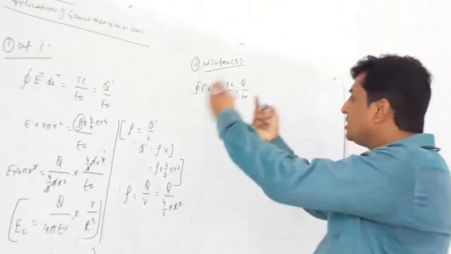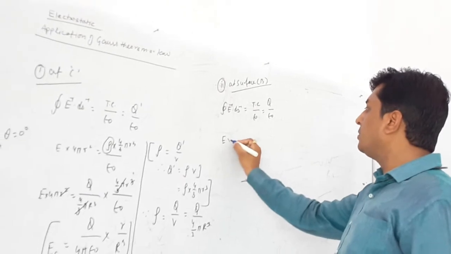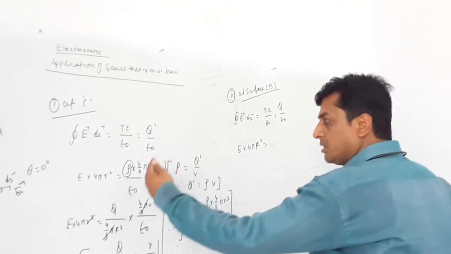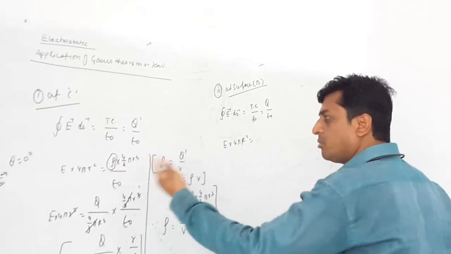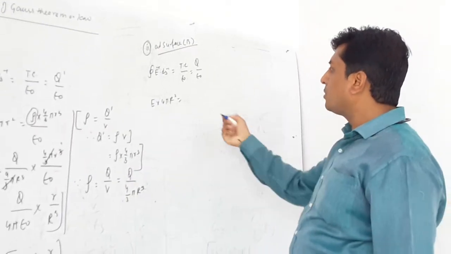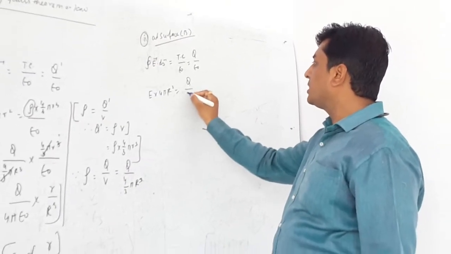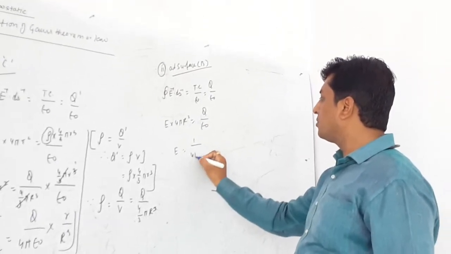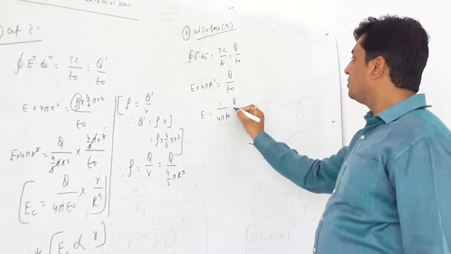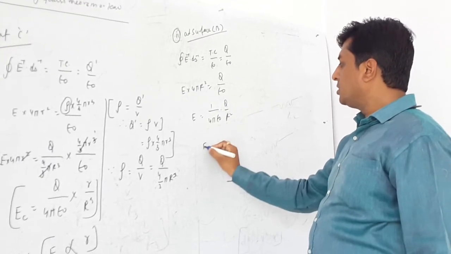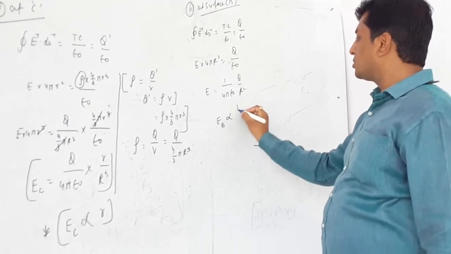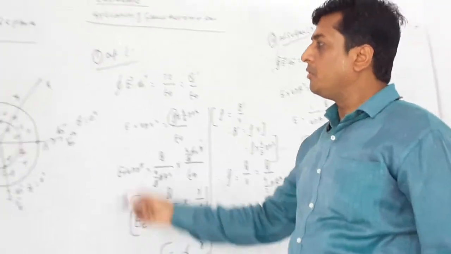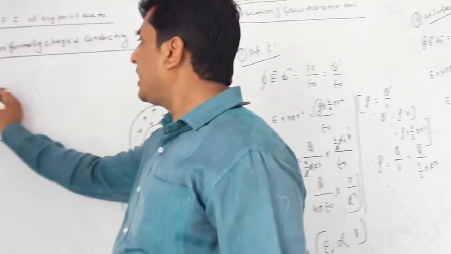Then you put all these values, you will get E into 4 pi capital R square is q. As you changed to the form of density earlier, you can change here also, but no need to change here. You can write q upon epsilon naught. So E will be what? 1 upon 4 pi epsilon naught into q upon R square. This shows intensity at B is proportional to 1 by R square. Okay. Now for outside, it is at A.